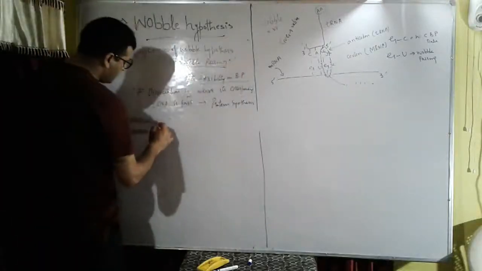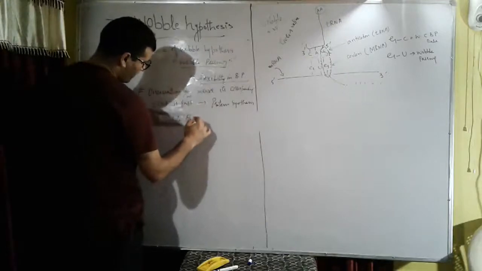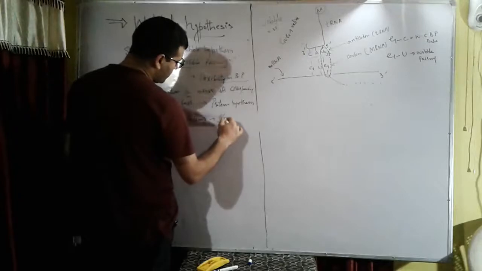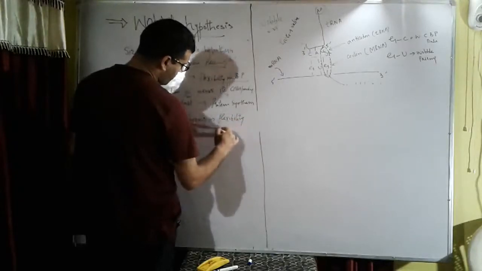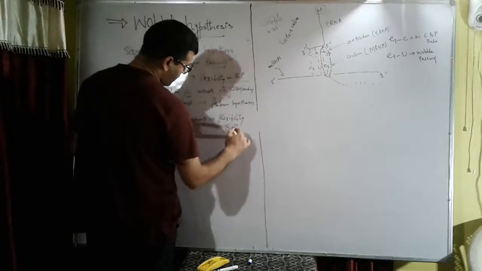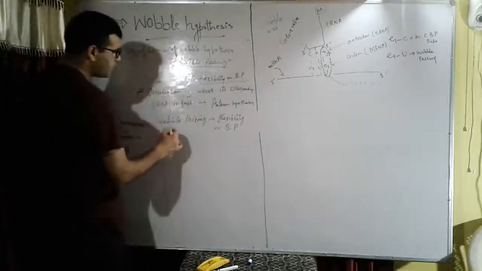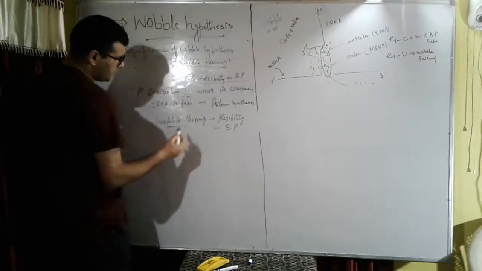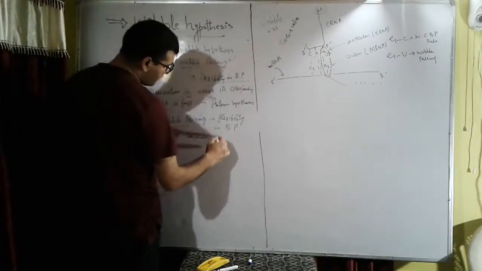We can write: wobble pairing offers flexibility in base pairing. We know that wobble pairing offers flexibility in base pairing, therefore wobble pairing reduces errors in the biological traits of an organism.